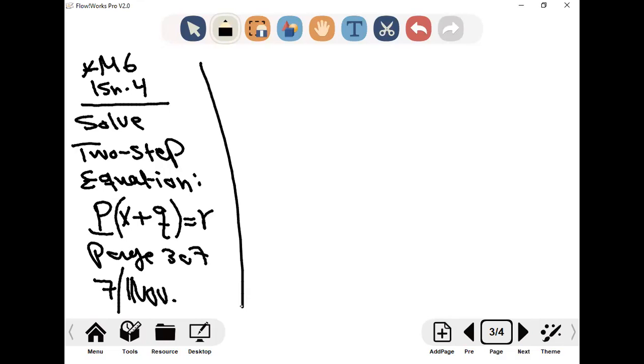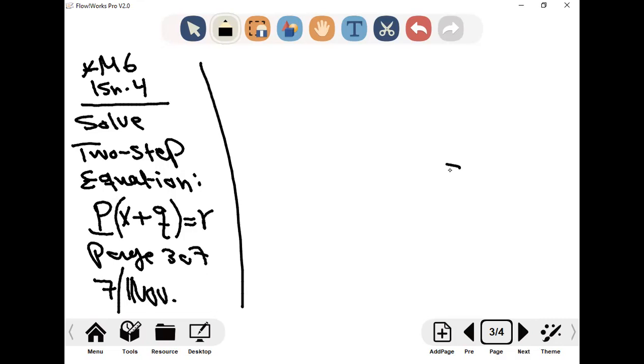Now the first step to solve this form of equation: P, Q, and R are real numbers. Our variable here in the title is X. The first step is to get rid of the parentheses, by distributing the P. Remember the expanding?